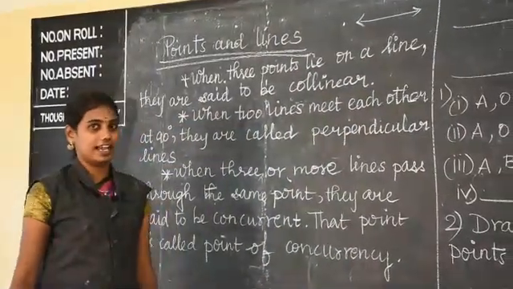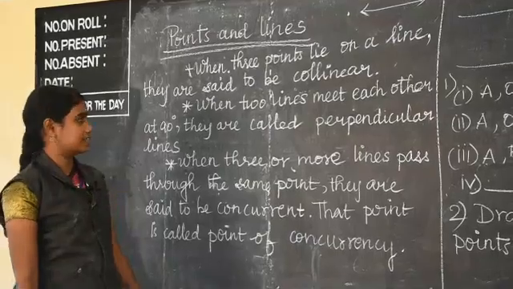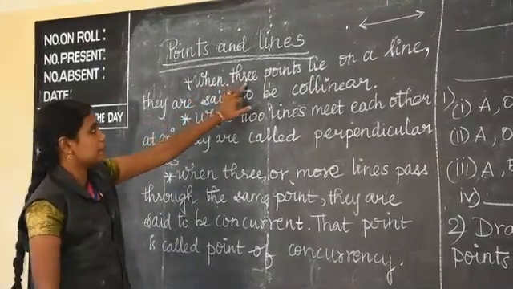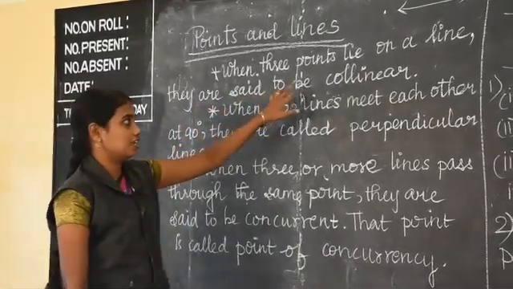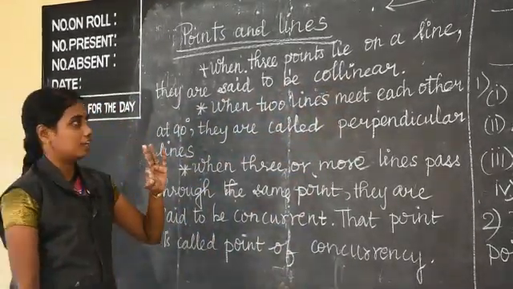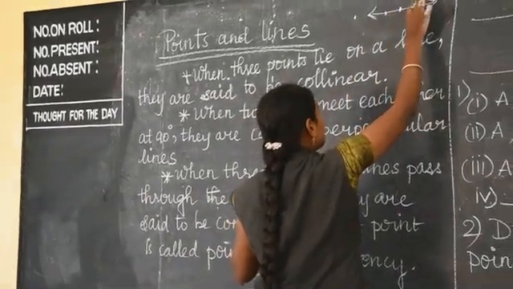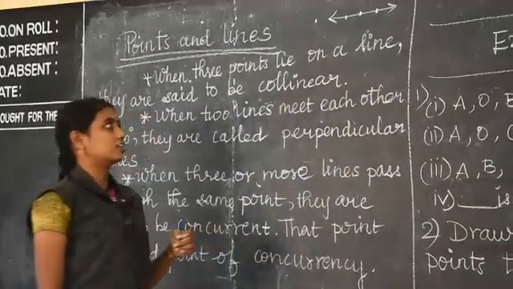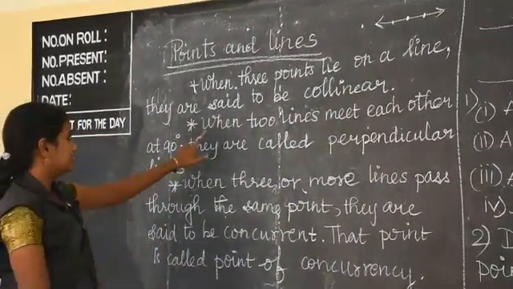Now listen to me, the important points about points and lines. When 3 points lie on a line, they are said to be collinear. What is that? Collinear.